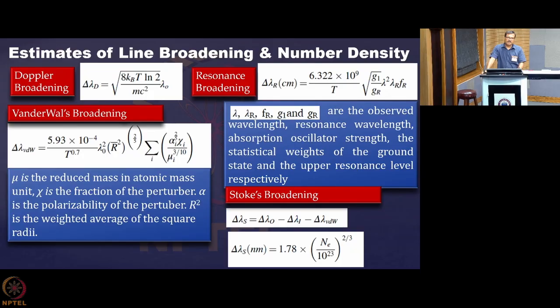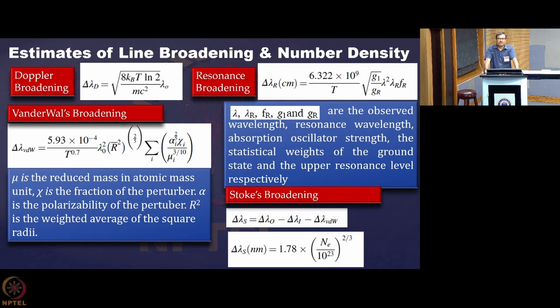So the ultimate Stark broadening component comes as delta lambda 0, which is the total broadening that you have measured, minus the delta lambda I, instrumental broadening, minus the delta lambda van der Waals. Again, you subtract the Doppler broadening as well.